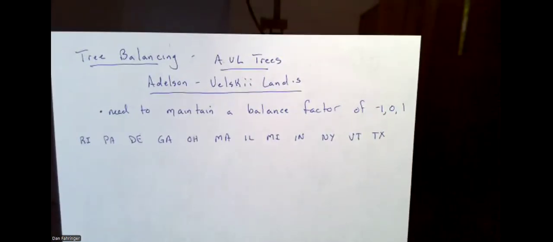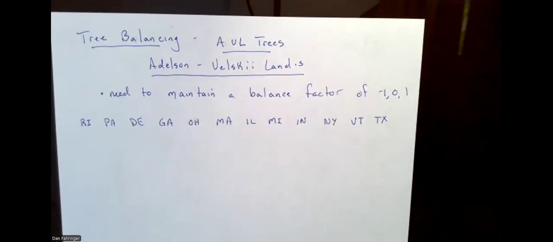Okay, second thing is this thing called tree balancing. And if I had a binary search tree that looks something like this, D, E, F, G, H, that wouldn't do much for searching, would it?